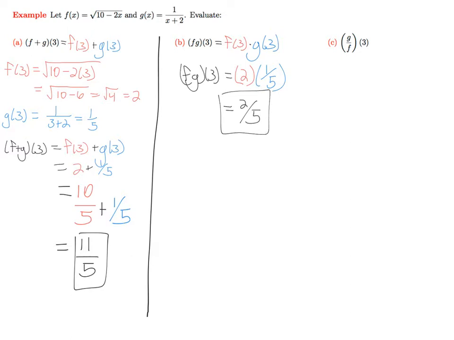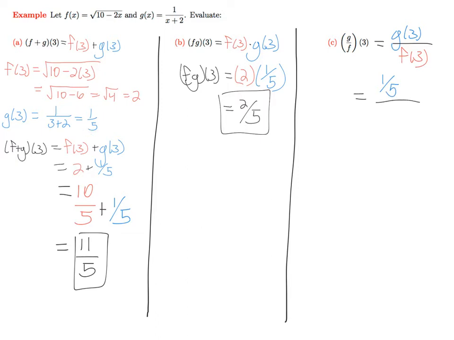And lastly, in part C, when we want to evaluate g divided by f at 3, this would be the same thing as taking the value at g of 3 and dividing this by the value that we get when we evaluate f at 3. And so we found g of 3 to be 1/5.